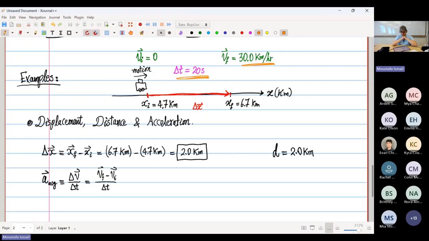So we need to either convert hours to seconds or seconds to hours? In this case, it is more convenient to convert hours to seconds, because acceleration is naturally measured in meter per second squared, so we just denote that by meter per second squared. So we will convert velocity from kilometer per hour to meter per second, and then use the definition.